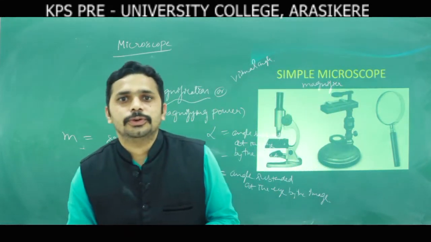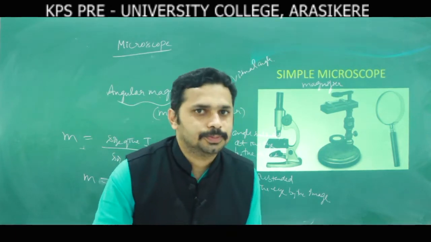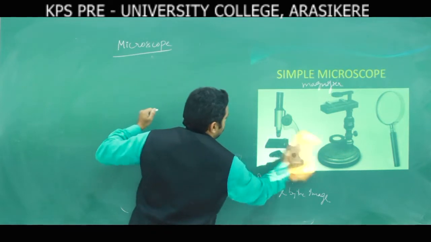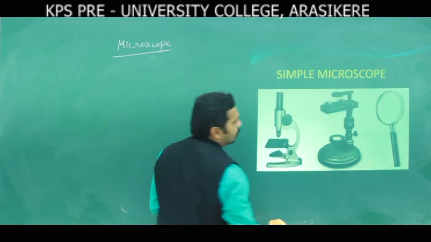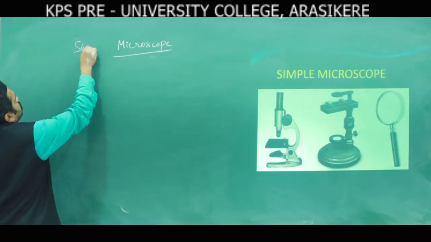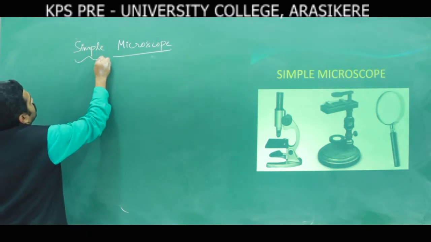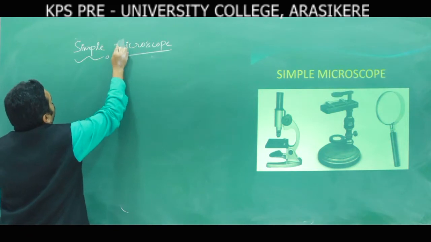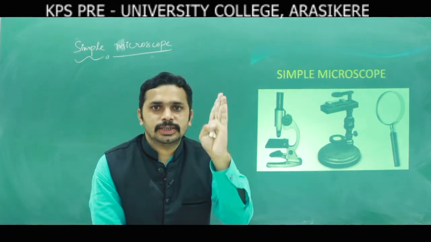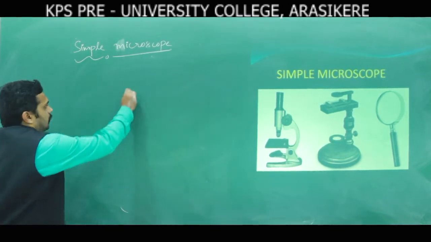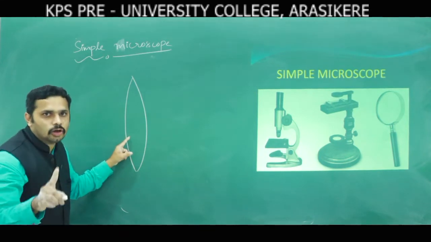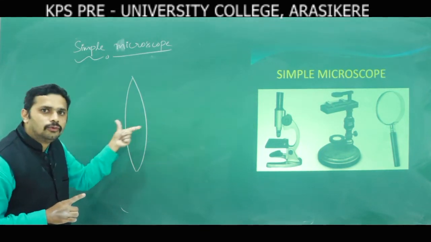Now first we are going to discuss the simple microscope. A simple microscope consists of a converging lens or convex lens of shorter focal length.